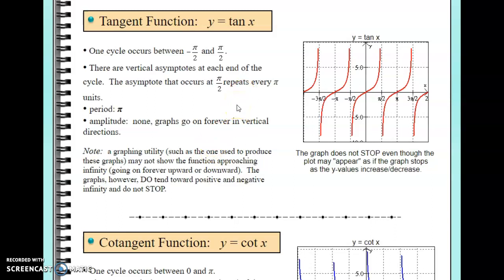Okay. We're going to talk in class a little bit more about how to find the equation of the asymptotes, but the asymptotes, because they're vertical lines, are always going to be in the form of x equals whatever the x-intercept is at that point.